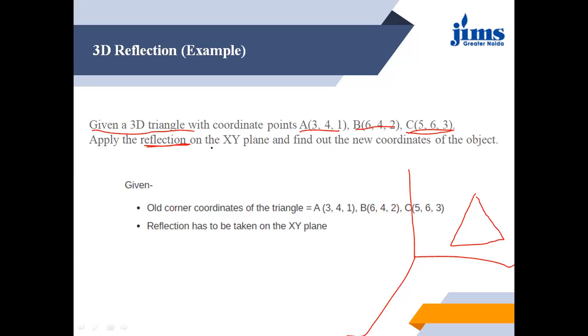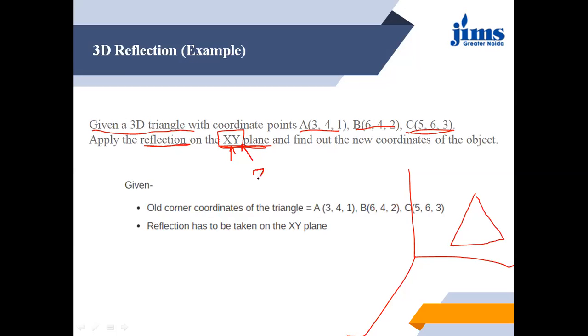We have to reflect this object, this triangle, on the xy plane. So from here you can conclude that the values of x and y will not change because we are reflecting this object with respect to the xy plane.